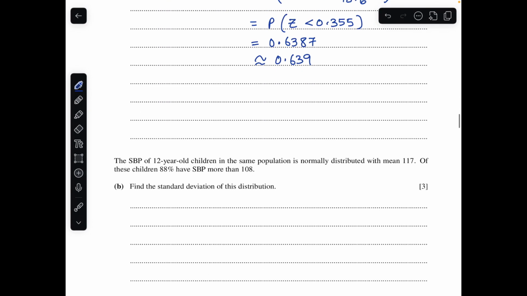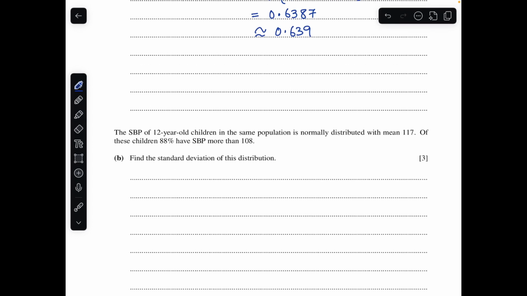Let's look at part B. The SBP of a 12-year-old child in the same population is normally distributed with mean of 117. Of these, 88% have SBP more than 108. Find the standard deviation of this distribution. So we know that the probability of x greater than 108 is 0.88.